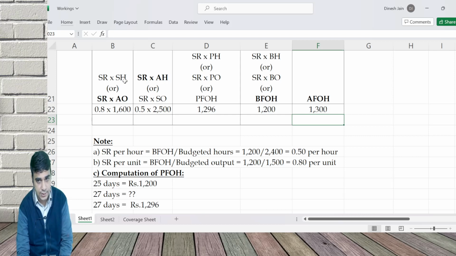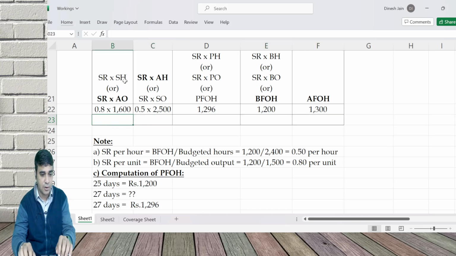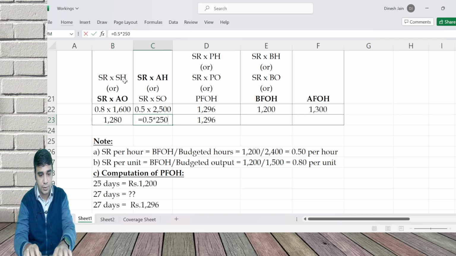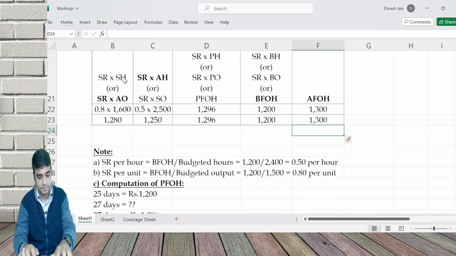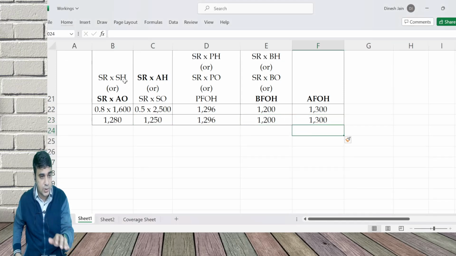Any doubts till this? So first column is, now do the multiplication. 0.8 into 1600, 1280, 0.5 into 2500, 1250, 1300. Any doubts till this?